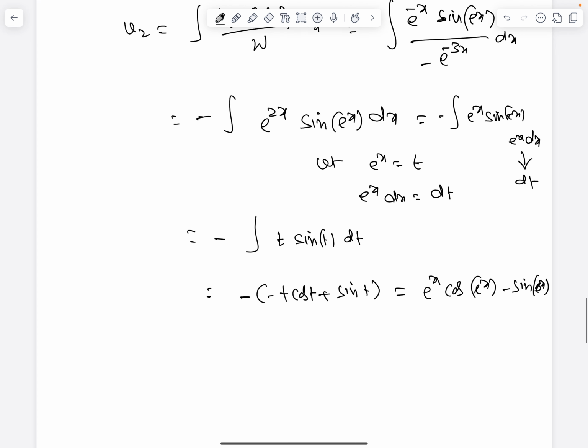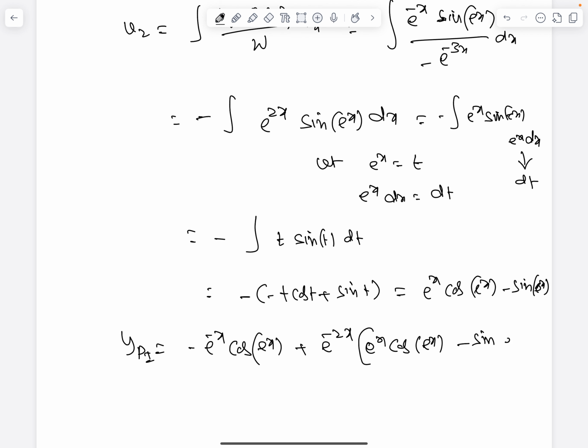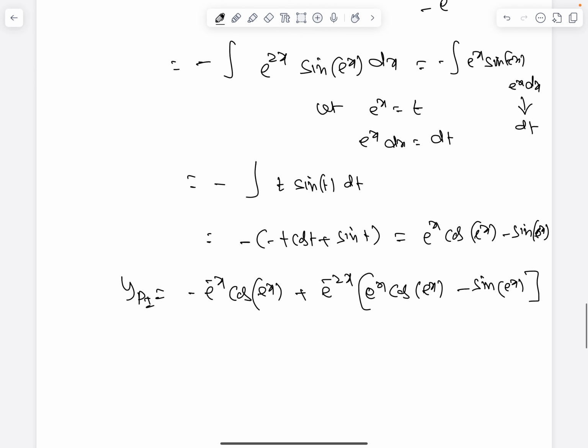So therefore, with that you have y_p, the particular integral solution, is equal to minus e^(-x) cos e^x plus e^(-2x) times e^x cos e^x minus sin e^x. So v1 y1 plus v2 y2.